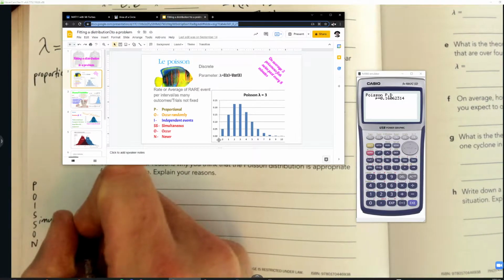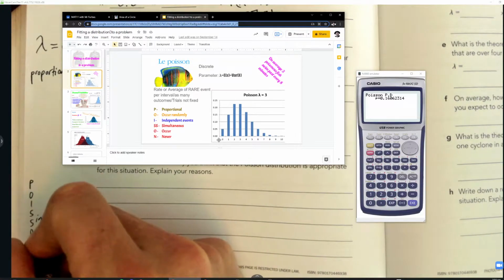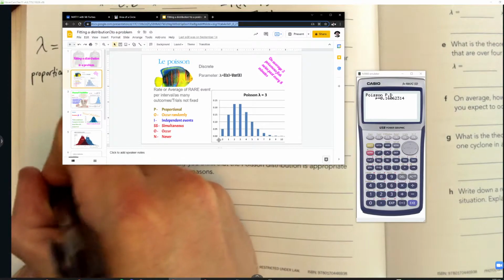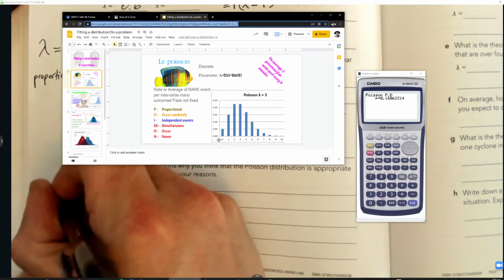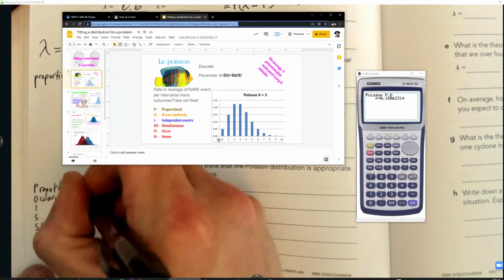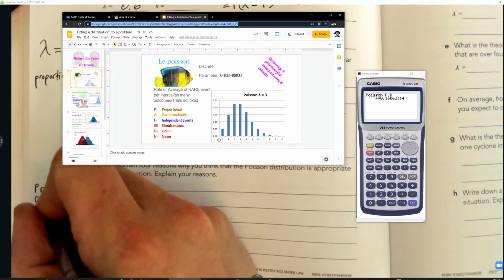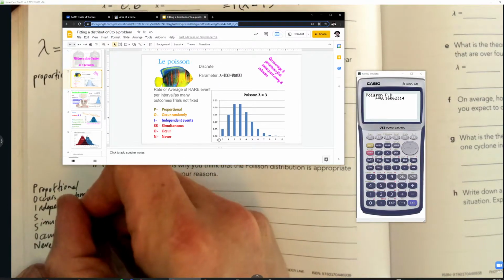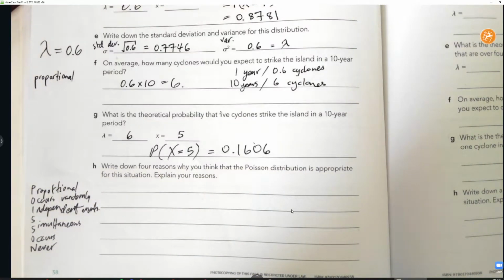I just write this mnemonic right at the start of the exam. P is proportional, O is it occurs randomly, which is like the basis of the distribution, and independent. Obviously it's a discrete distribution as well, so that's another thing that you can use.